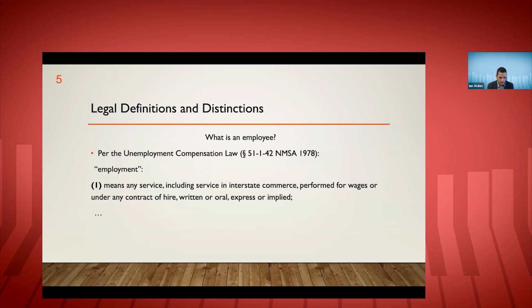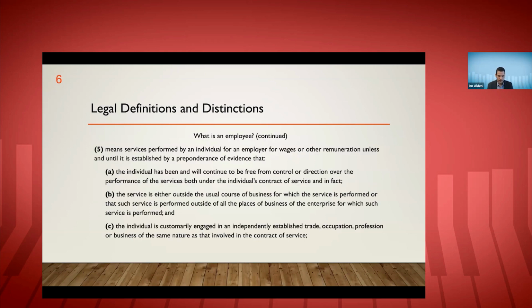And this is based and grounded in the unemployment compensation law, but it has tendrils, some far-reaching implications for other governmental agencies and other areas of law. But our unemployment compensation law defines employment as service, including service in interstate commerce, performed for wages or under any contract of hire, written or oral, express or implied.